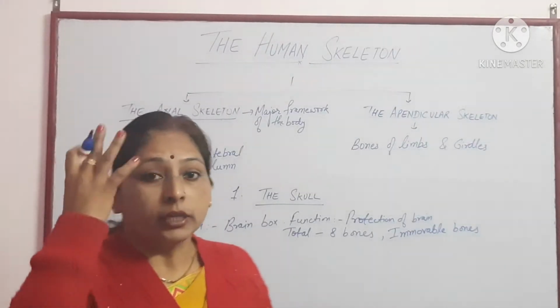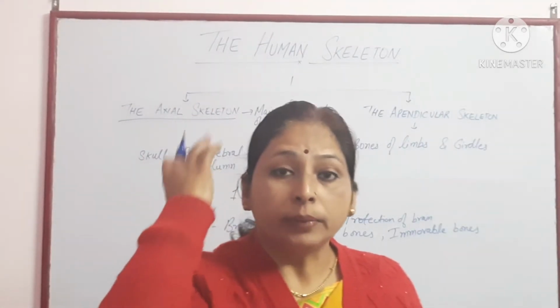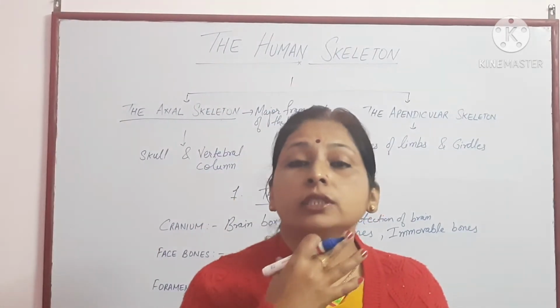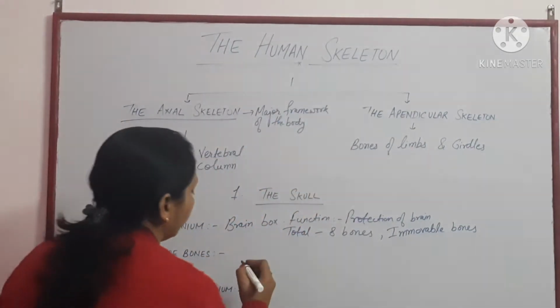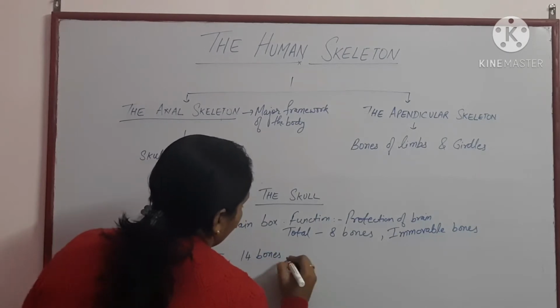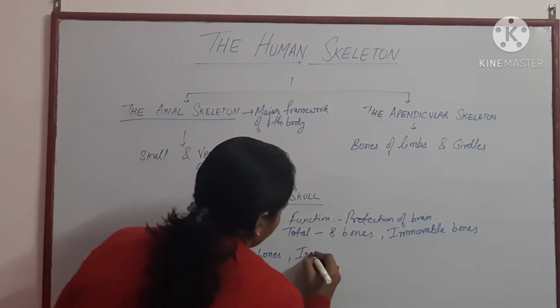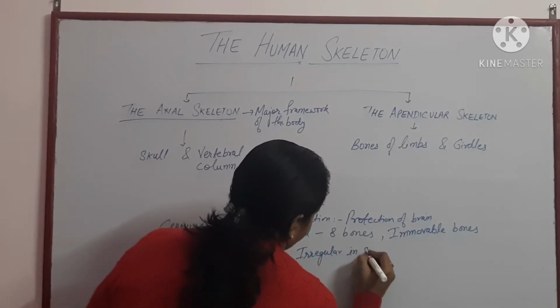In the skull, after the covering, the brain box, the lower portions are the face bones, and these bones are total 14 in number. 14 face bones, and these bones are irregular in shape.